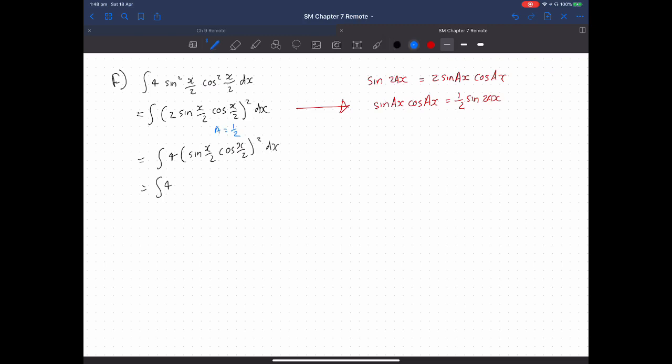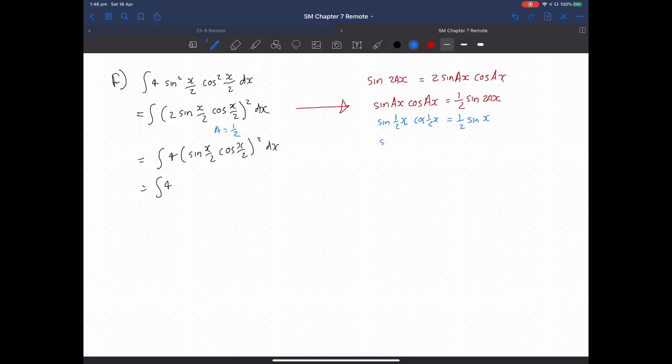If a was equal to 1/2, what I get is sine 1/2 x times cos 1/2 x equals 1/2 sine 2 times 1/2 is 1, so 1x.